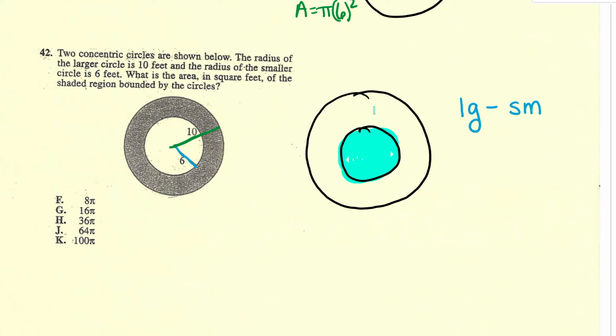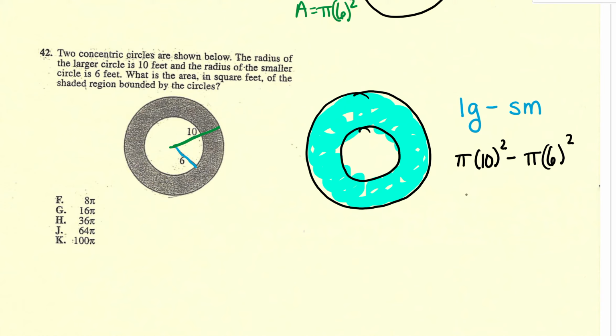So there's the small circle, here's the large circle, and if I take the large and subtract off the small, then I have that dark shaded region there. So the large circle has a radius, so area is pi times 10 squared minus the smaller circle, which is pi times 6 squared. That's 100 pi minus 36 pi, subtract to get 64 pi, which is J. In this particular case, they left the answer back in pi form.